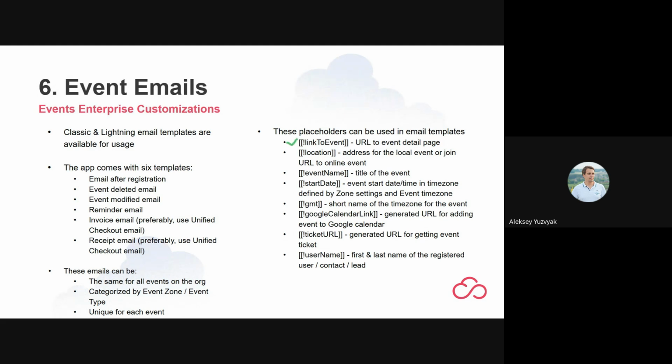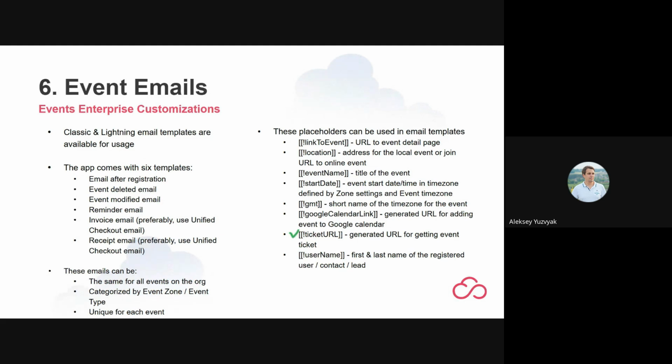Link to event, location, for example, and we have this logic: if it's a local event, we will send the address, or if it's an online event, we will send the join URL link. Event name, start date, and GMT as a placeholder, but actually it is the time zone of the event, and depending on the user, we will convert the start date and time zone to the user's locale.